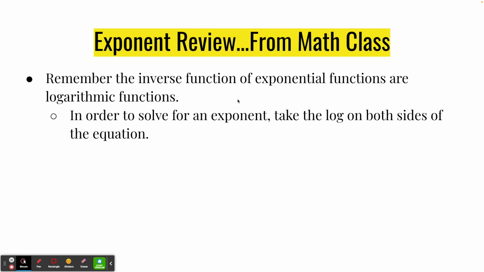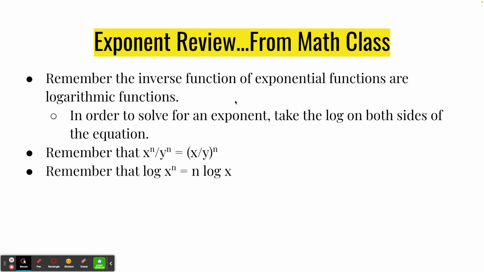So in order to solve for an exponent, we would take the log on both sides of the equation. Next is remember that x to the n power divided by y to the n power can be simplified as x divided by y raised to the n power. That's going to help us tremendously when we want to solve for the exponent n.